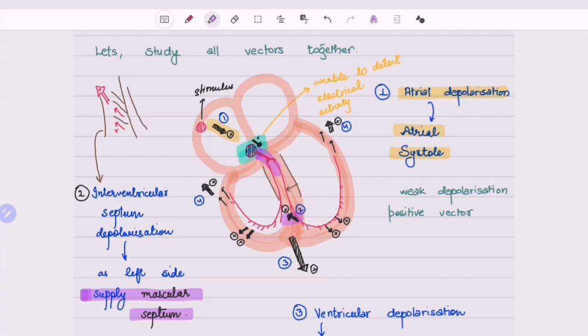This is the second wave, which is produced by the depolarization of the interventricular septum.